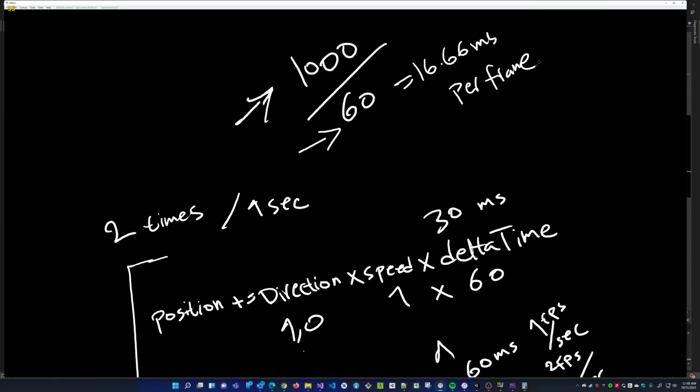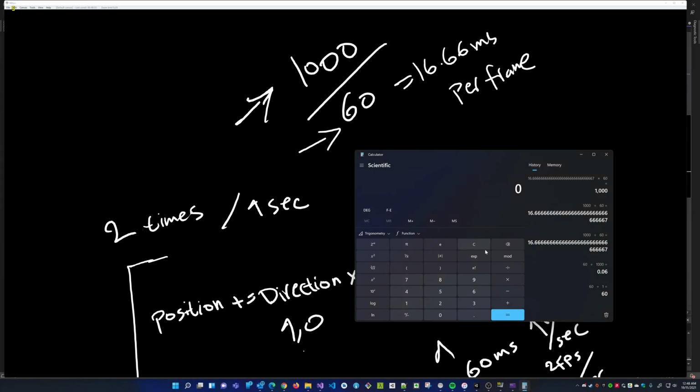So the time it takes to render a single frame is 16.66 milliseconds if you have 60 FPS. What if you have 30 FPS? Well, you take 1,000, divide by 30 frames, and now it takes 33.333 milliseconds to render one frame. So you can see that's increased. Okay? And that's going to be our delta time.